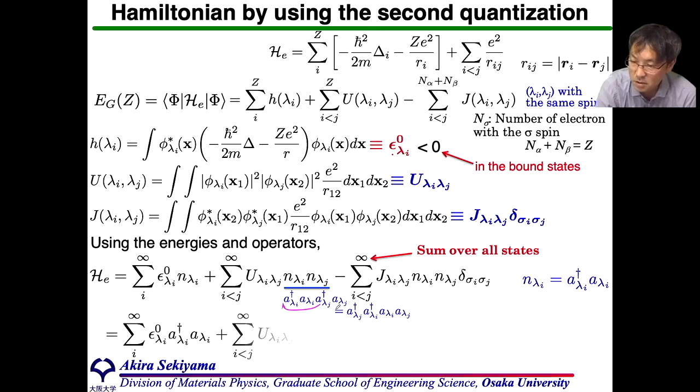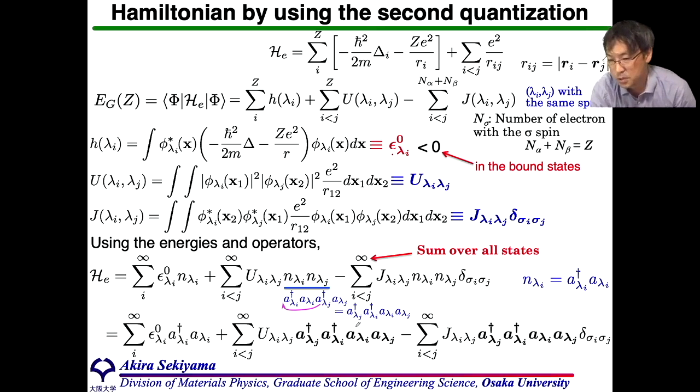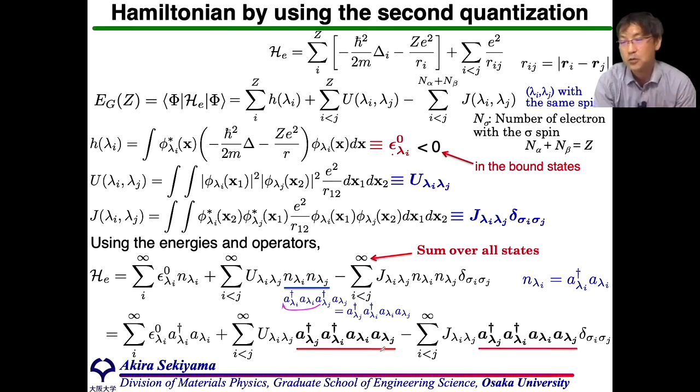Then we can also express the electron Hamiltonian by using the second quantization, annihilation and creation operators, like this one. The next problem is how the photoexcitation process is expressed by using the second quantization.